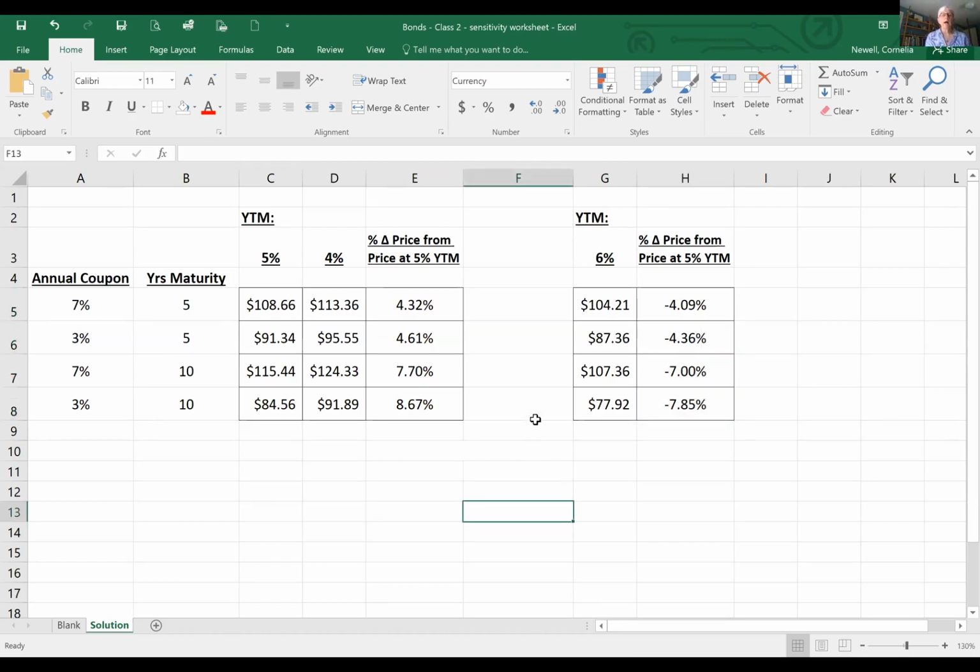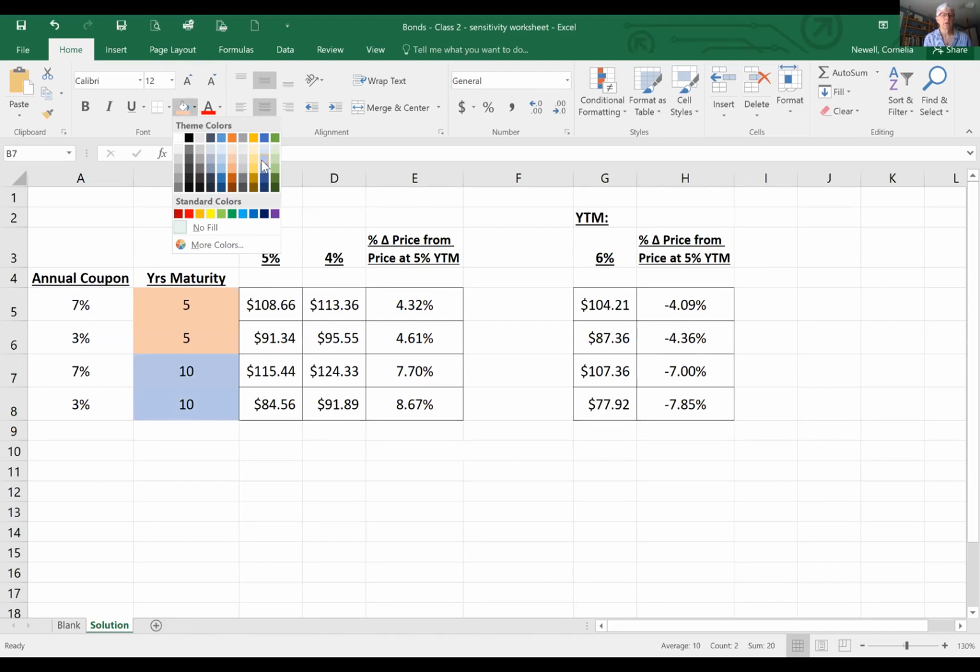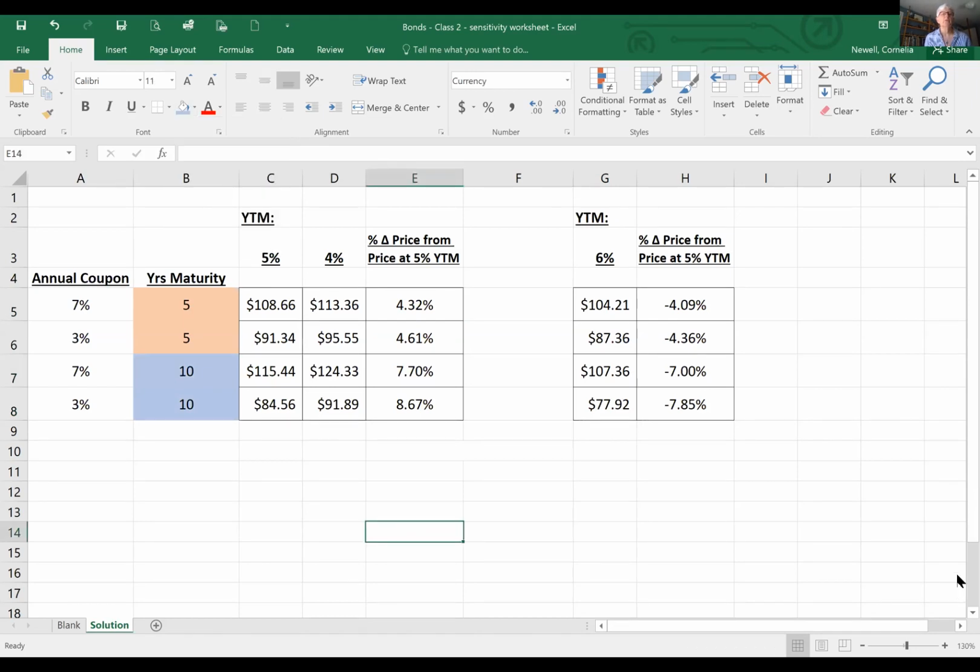So what I'm going to point out to you is that we have two bonds that are 5-year maturity, and we have 2 bonds that are 10-year maturity. So the first thing we're going to do is look at the difference between a shorter maturity and a longer maturity.